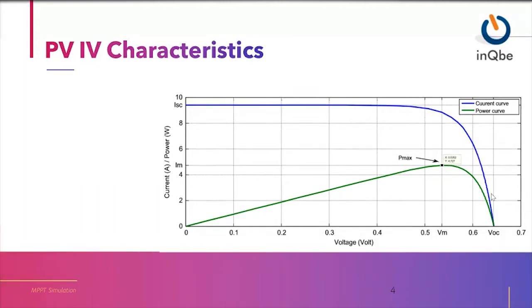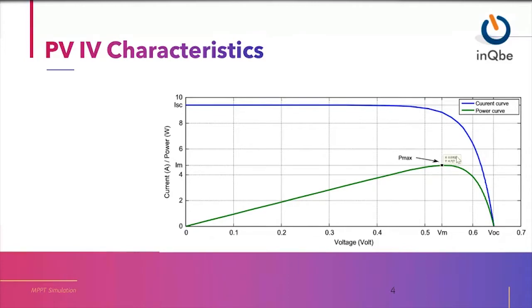That is simple. We will try four conditions. If power is increasing with an increase in voltage, we will try to increase the voltage. If power is increasing with a decrease in voltage, we will try to decrease the voltage. That we will try in direct characteristics.